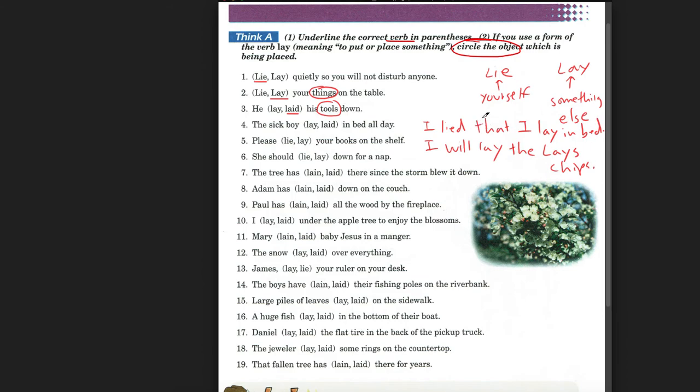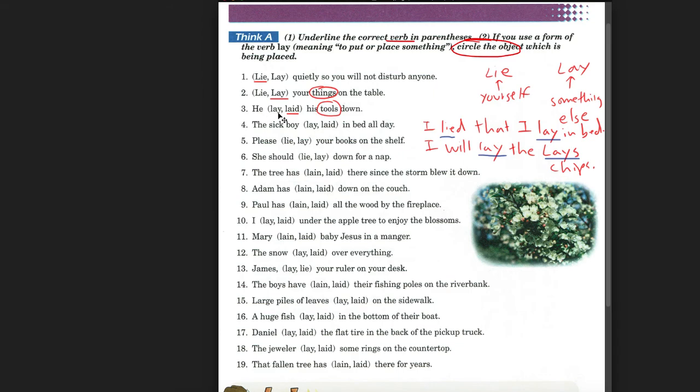Like, I lay in bed all day. I will lay the Lay's chips. So if I'm talking about the past and I'm doing it to myself, I would use the verb form of lie. If I'm talking about the future, I would use lay, as in doing something to something else, as in I will lay the Lay's chips.